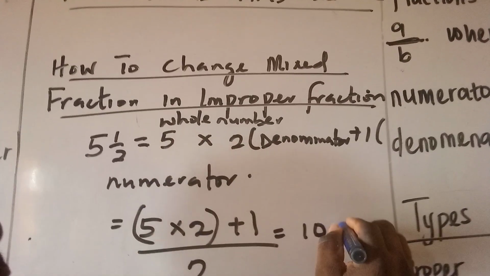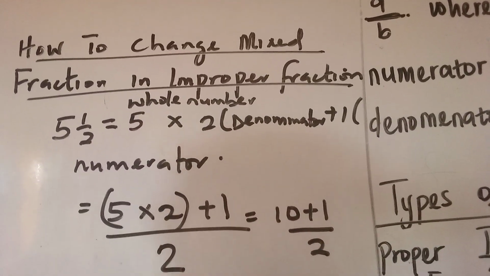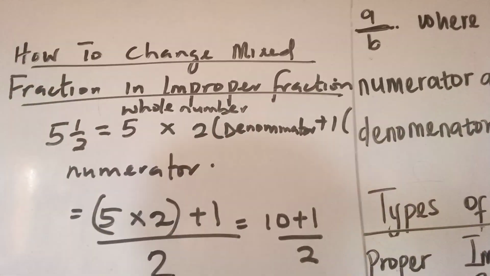That gives me 10 plus 1 all over 2, which is equal to 11 over 2.